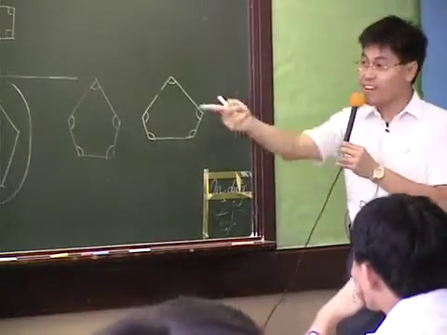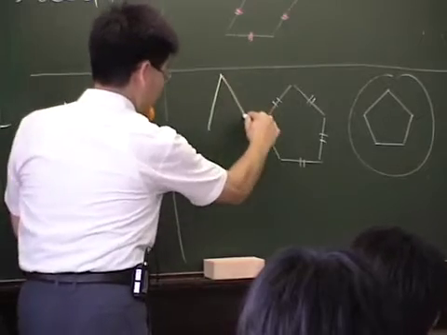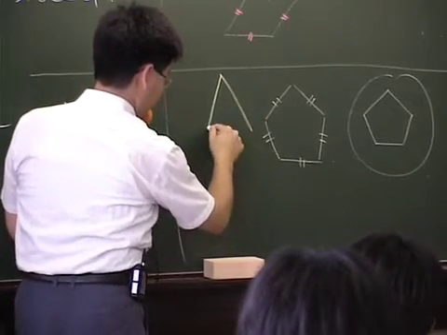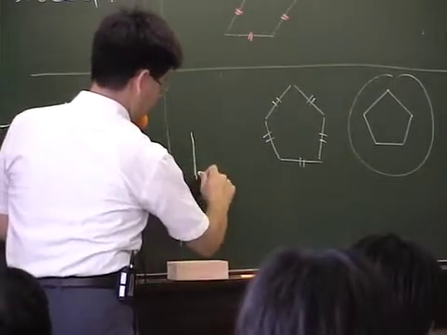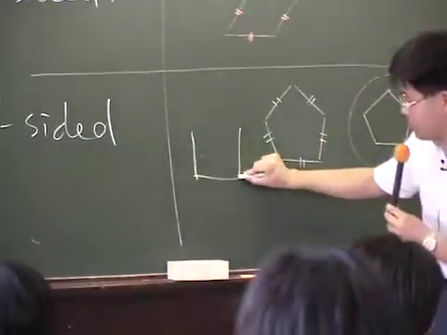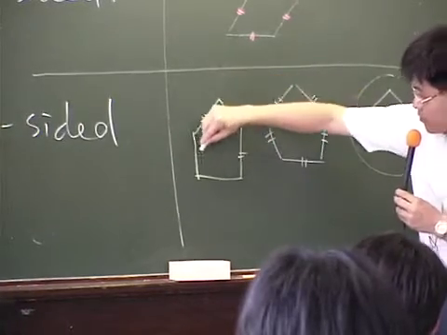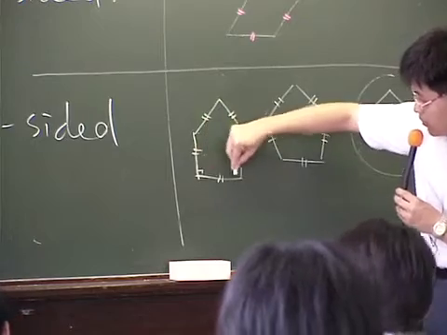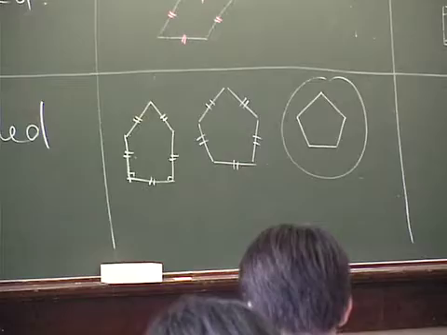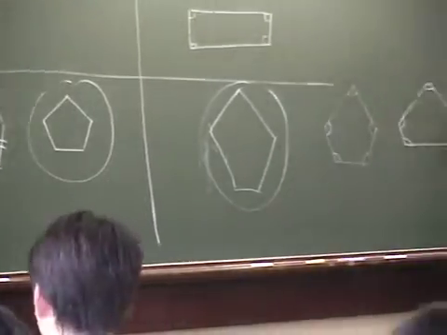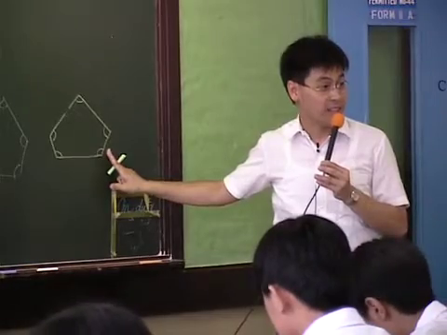I try to draw it. These two angles are 90 degrees. Do you find that the shapes of these two five-sided polygons are different? Okay, I ask you another question.